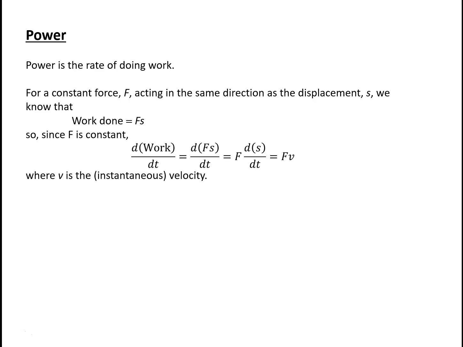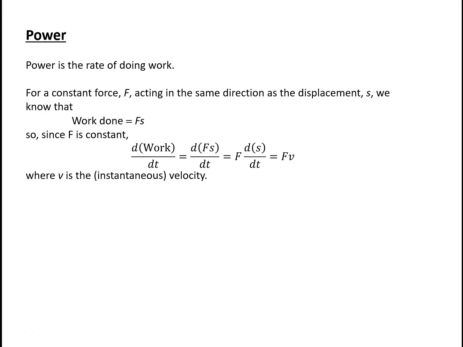So the power, which is the rate of doing work, is the derivative of the work with respect to time. So we've got to do the derivative of Fs with respect to time. F is a constant, so we can pull that outside the differentiation.